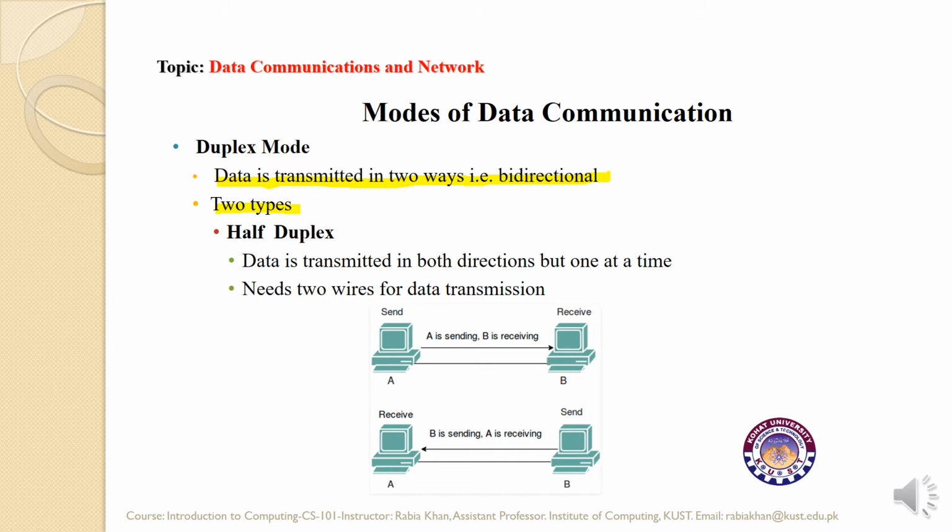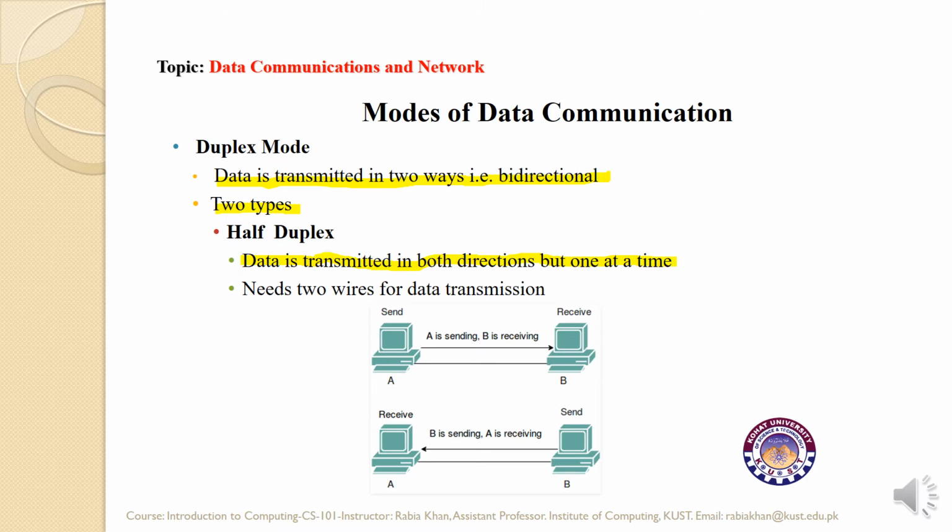One type is known as half duplex. In half duplex, the communication between the sender and the receiver occurs in both directions, but only one at a time. So data is transmitted in both directions, but one at a time.